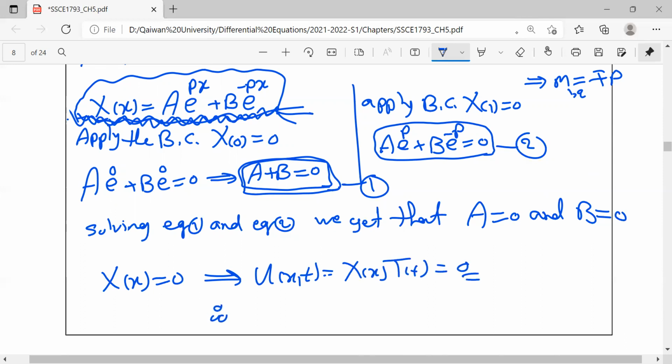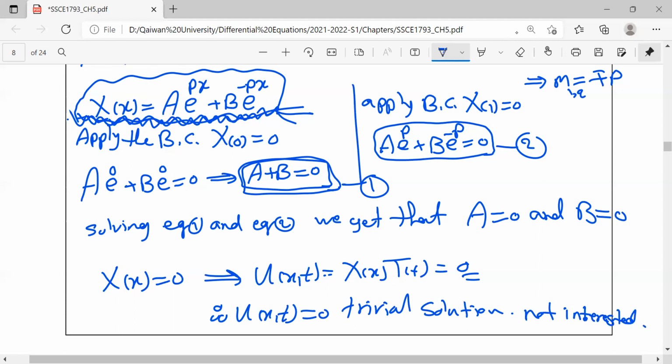So u of x,t equals 0. It's not interesting. It's a trivial solution.